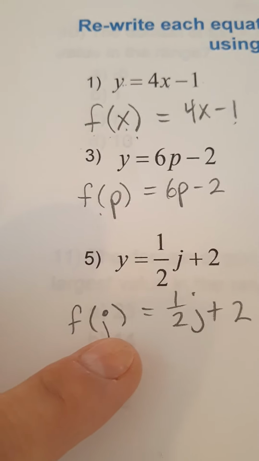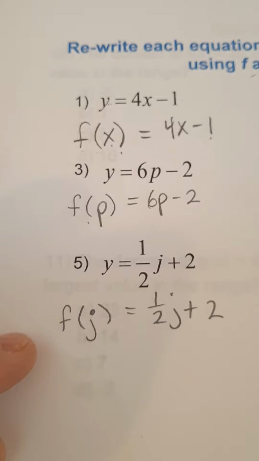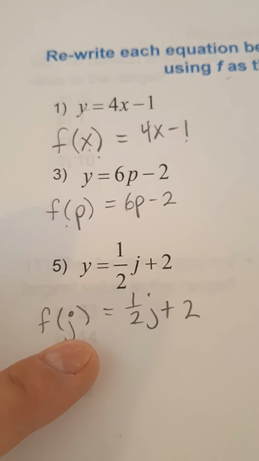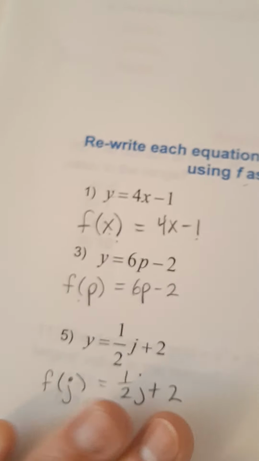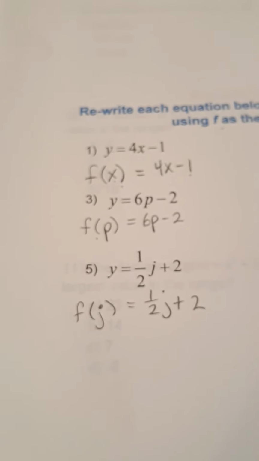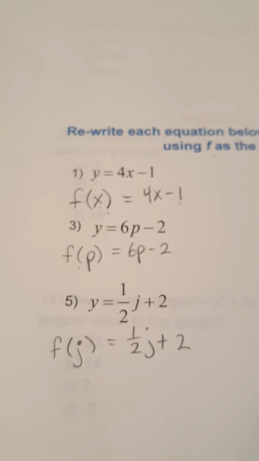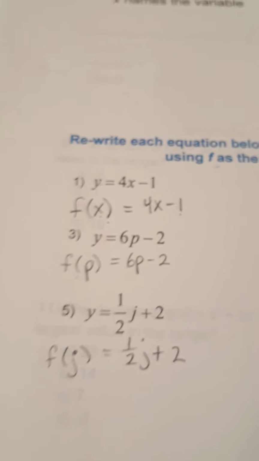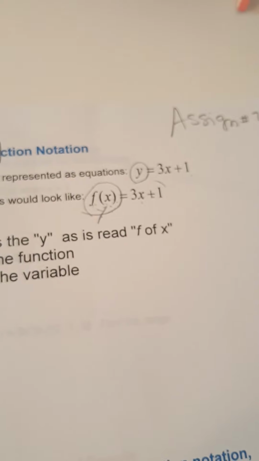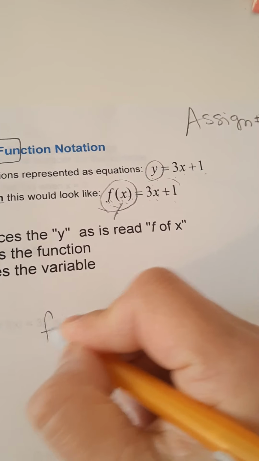Fancy meaning with the parentheses. And you don't say, for instance, f parentheses j. You say f of j. I know that's kind of weird, but that's the lingo. And the most important thing about this, write yourself a note. This example up here, what is it? F of x equals 3x plus 1.